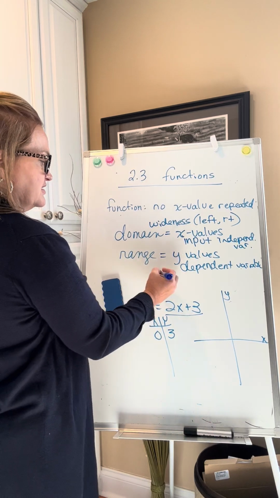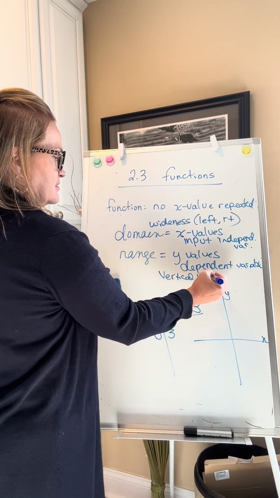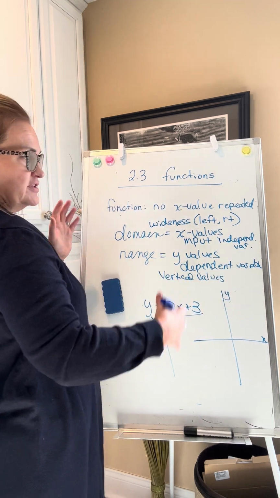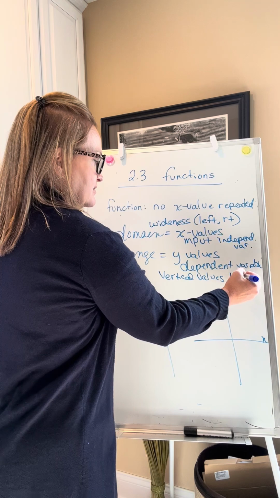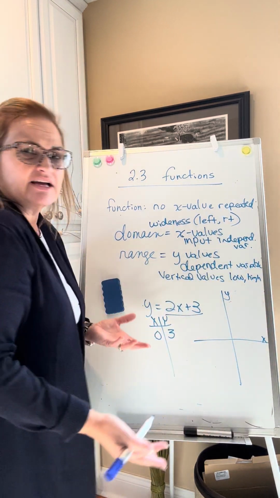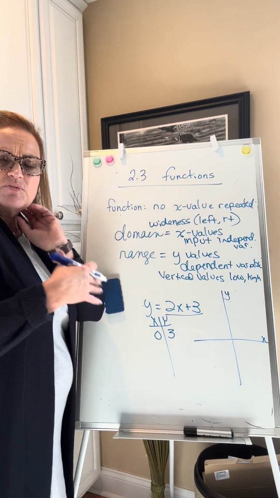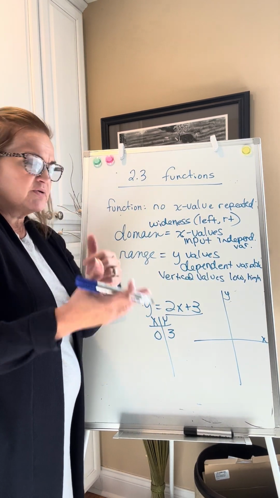So the range is the vertical values, or also how low to how high, where this is the left to right, the X. Maybe that just makes sense anyway, but we'll be looking at that a lot with every graph. What is the domain of this? What is the range of this?